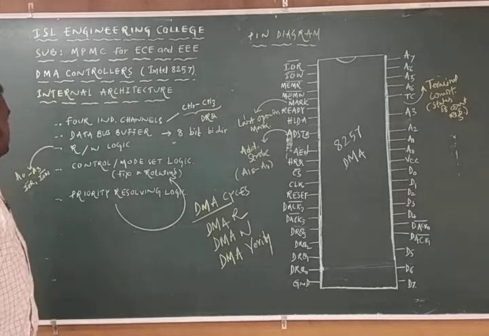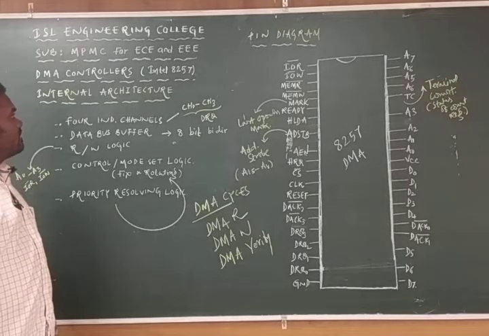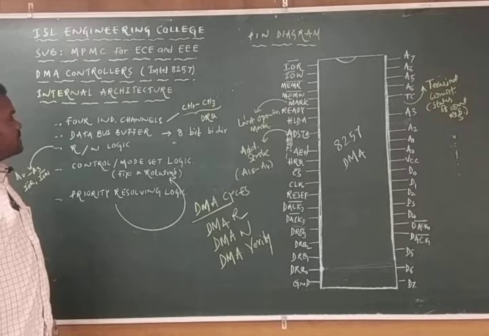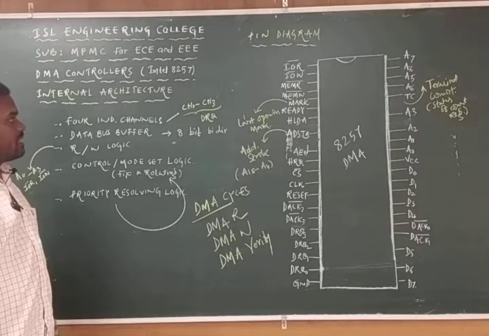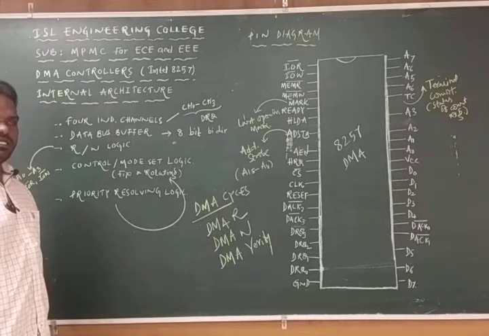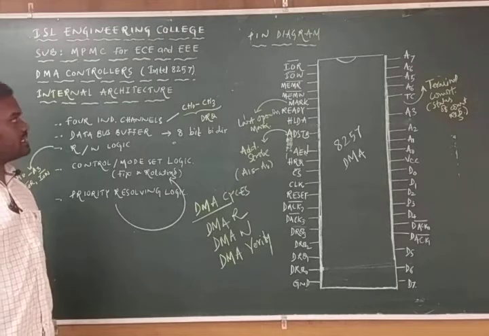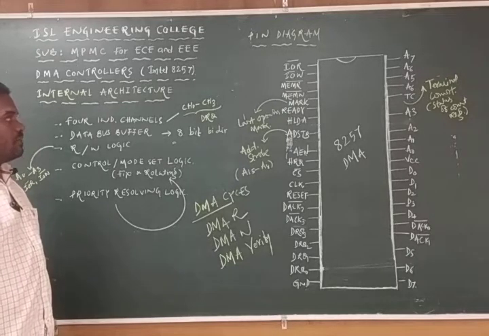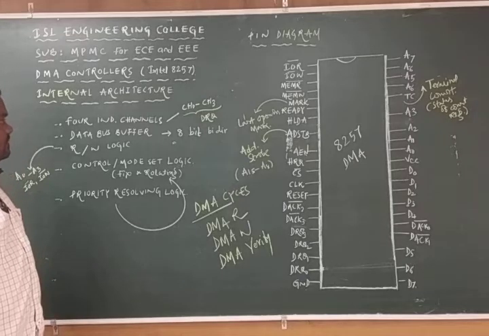So DMA stands for direct memory access, and it is fabricated by the Intel Corporation as a programmable integrated circuit with the IC number 8257.